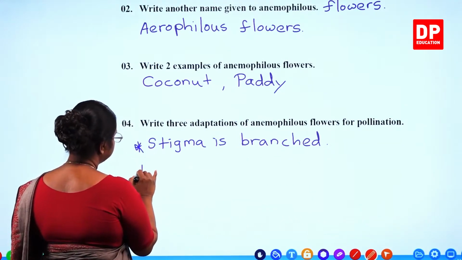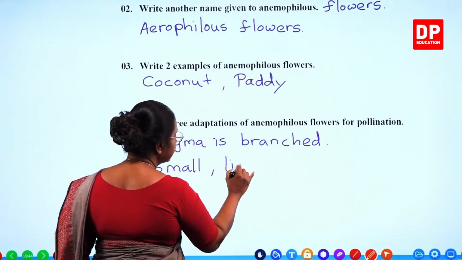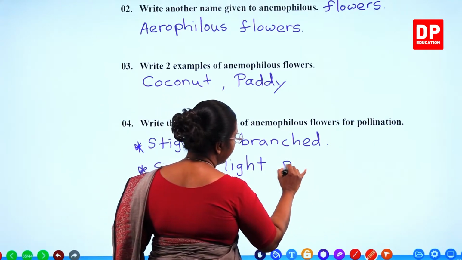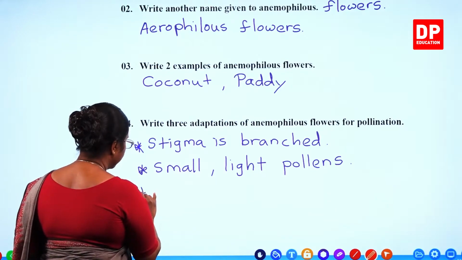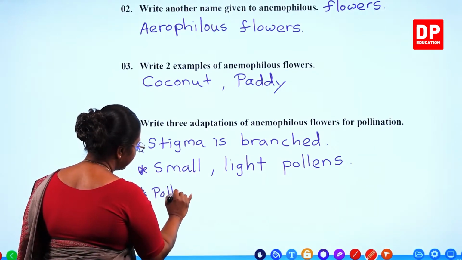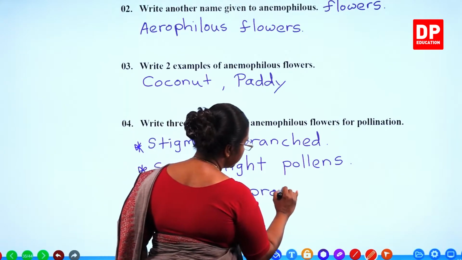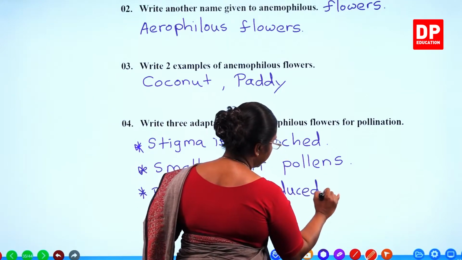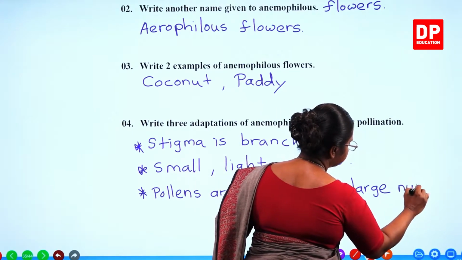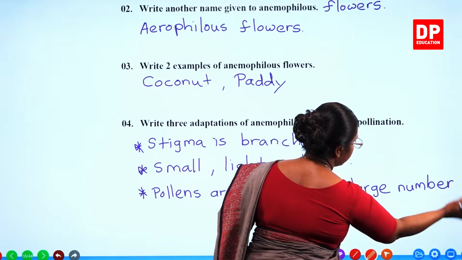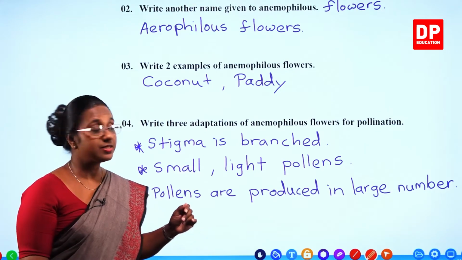Then we have small light pollens, and also pollens are produced in large number. So those are adaptations. You can write the other adaptations as well.